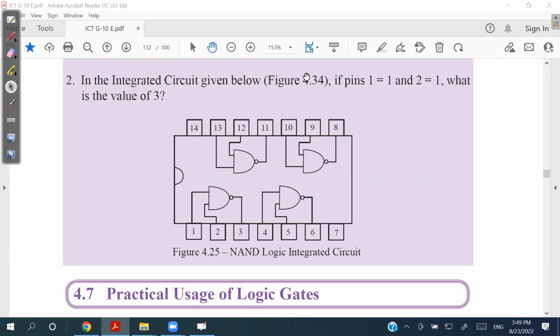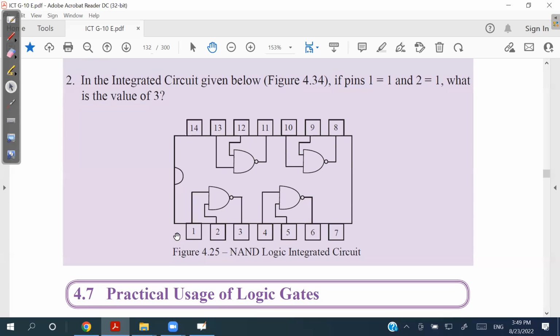Pin 1 is 1 and pin 2 is 1. So 1 into 1 will be 1 anyway. But since this is a NAND gate, the multiplication will be inverted. So 1 into 1 will be 1 and it will be inverted into 0.